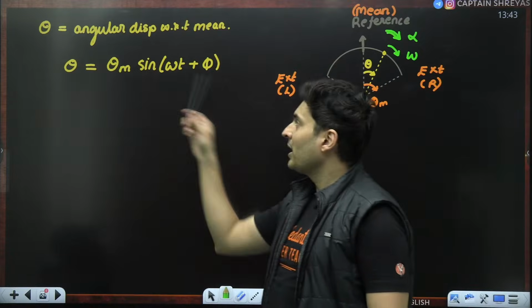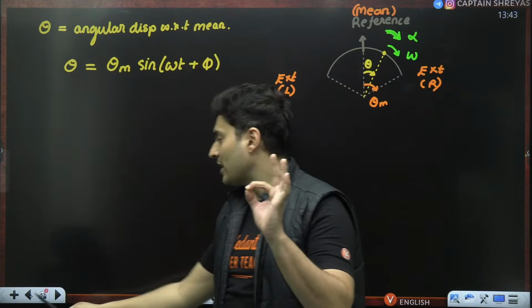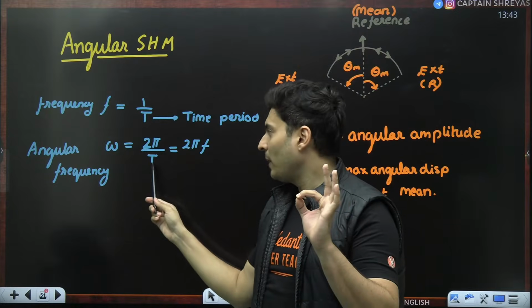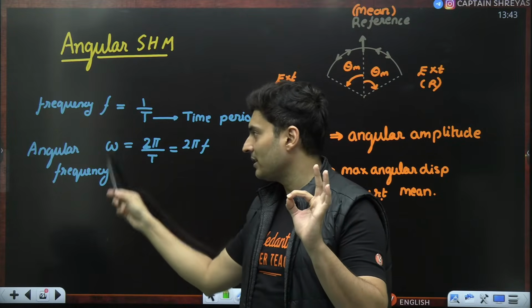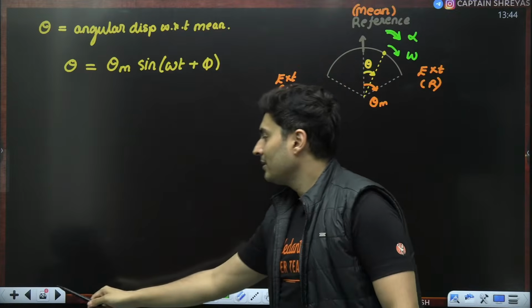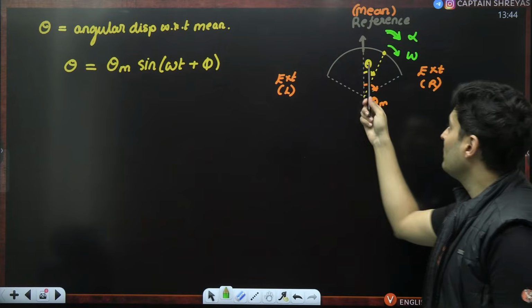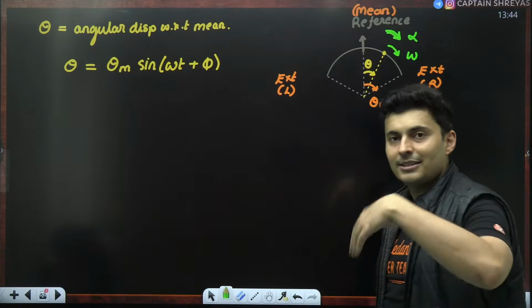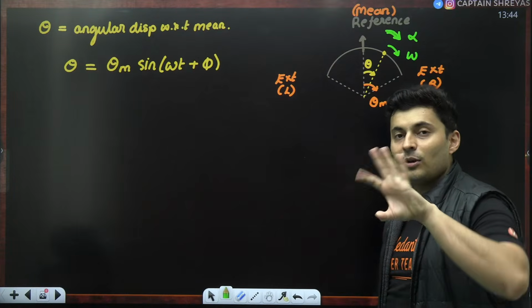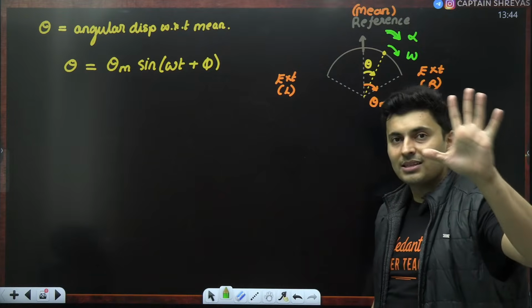Remember, this omega is a constant. It is angular frequency. 2 pi by T, T is a constant, 2 pi is a constant, so this is a constant. Please mind that. But this omega over here is angular speed. It will keep increasing, decreasing, changing direction. So I cannot use the same symbols.